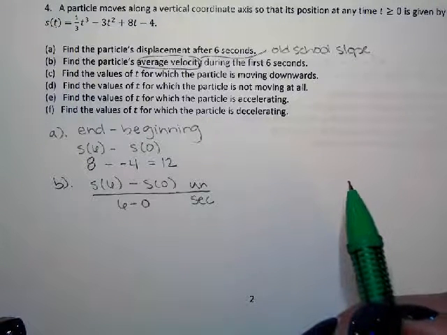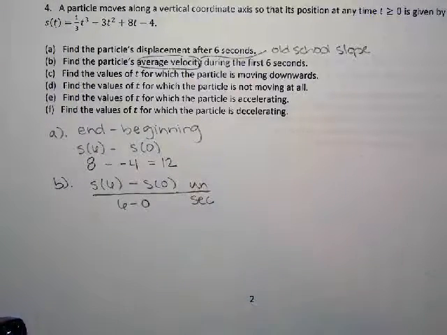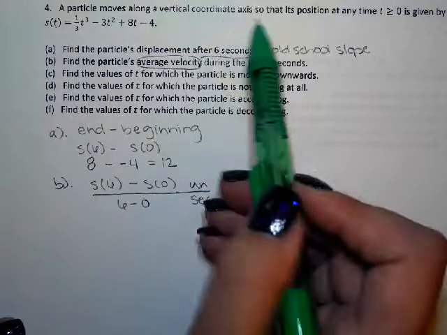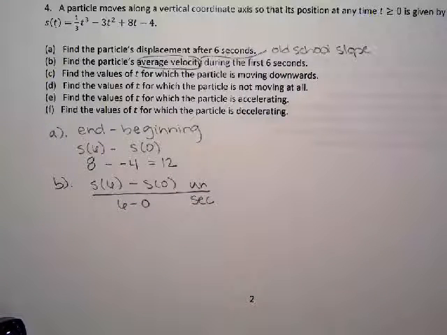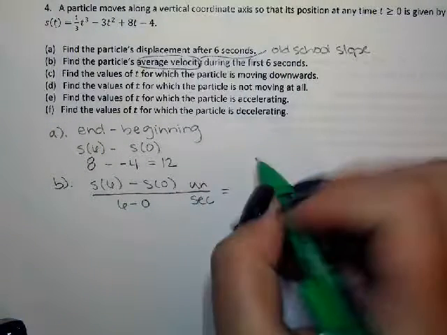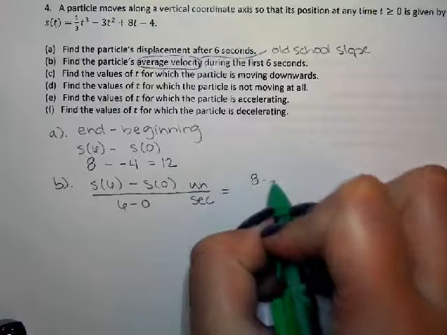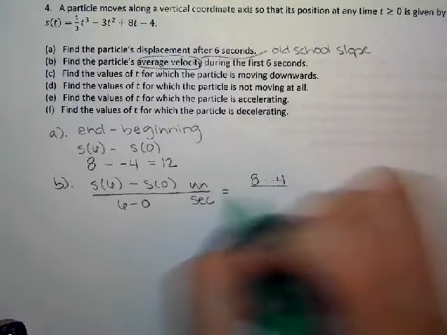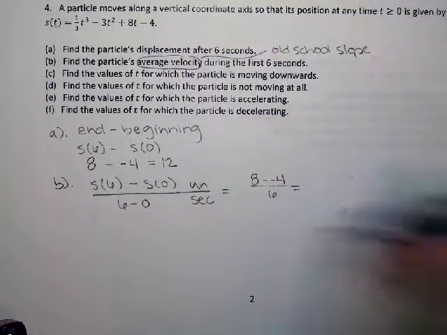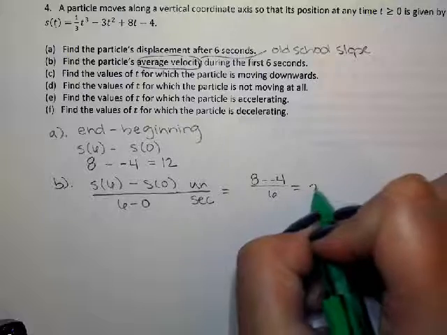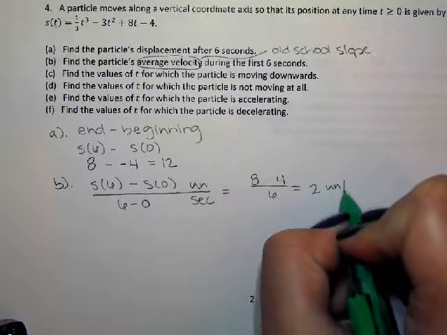And then the output is how far the particle is moving. They didn't tell me feet, whatever, so I'm just using UN for units, or like it's talking about a coordinate axis, so it would be like boxes, like 1 box, 2 box, 3 box, whatever. Okay, so we have 8 minus -4 divided by 6, so that's 12 over 6, which is 2 units per second.